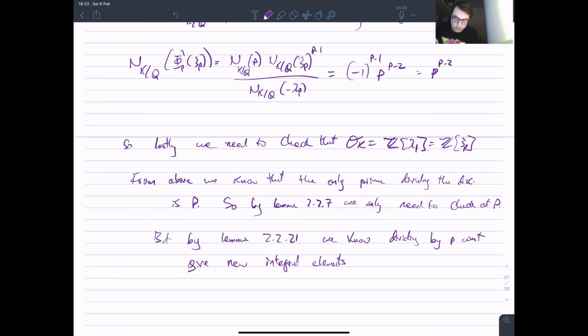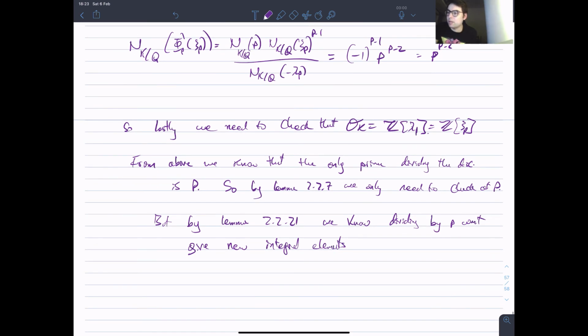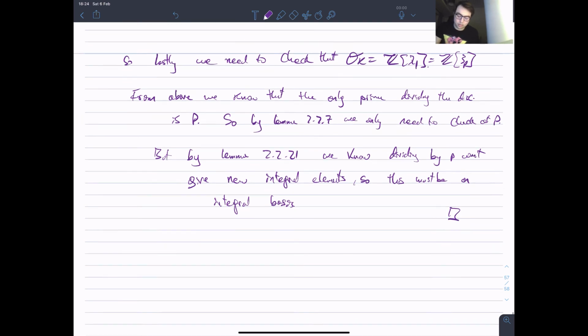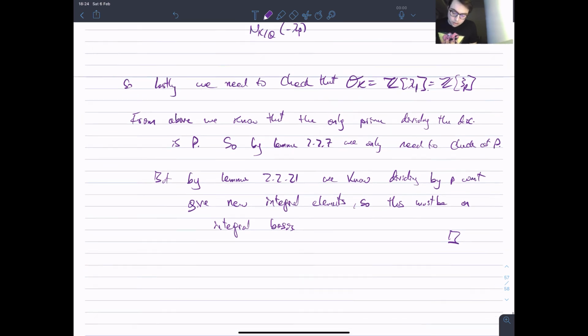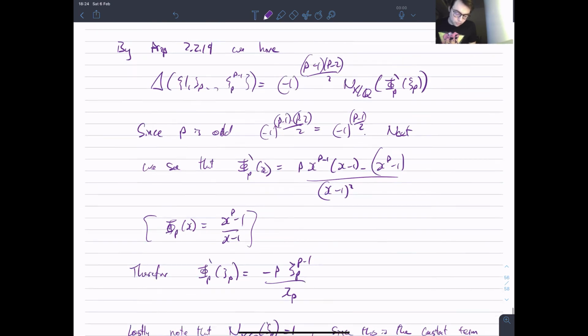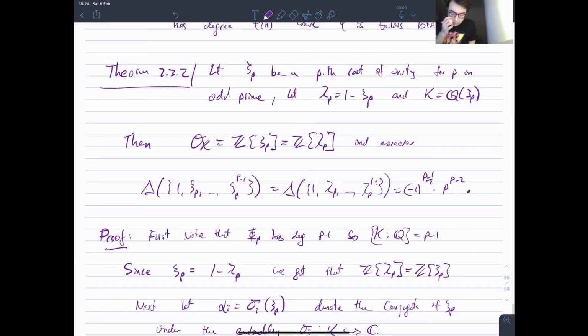So we can't replace anything in our basis by dividing by p. So this must be an integral basis. And we're done. Great. So we now know for a cyclotomic field the discriminant, what the ring of integers is, and the degree of the field.